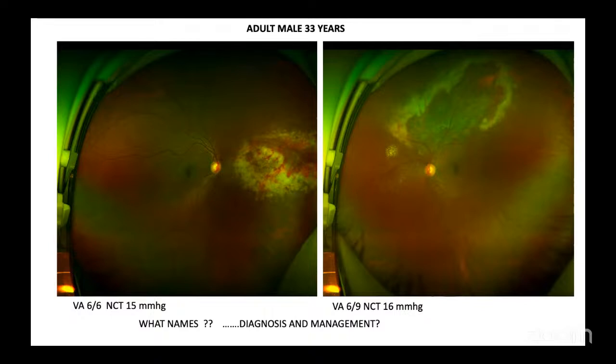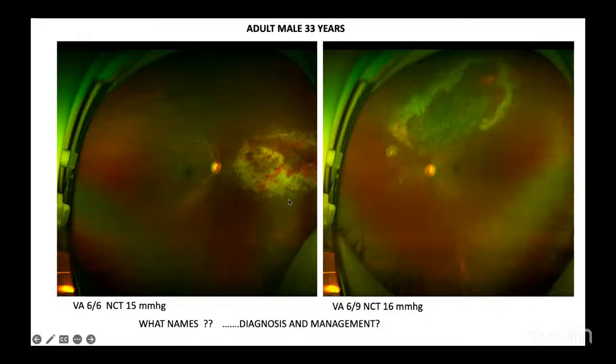Like are these hard exudates or is the retina whitened? It may be retinal whitening because it seems to be below the vascular arcade. This is retinal whitening and there is hemorrhage. Then what would be the diagnosis? If it is not hard exudate, it is retinal whitening, then how would your differential diagnosis change?